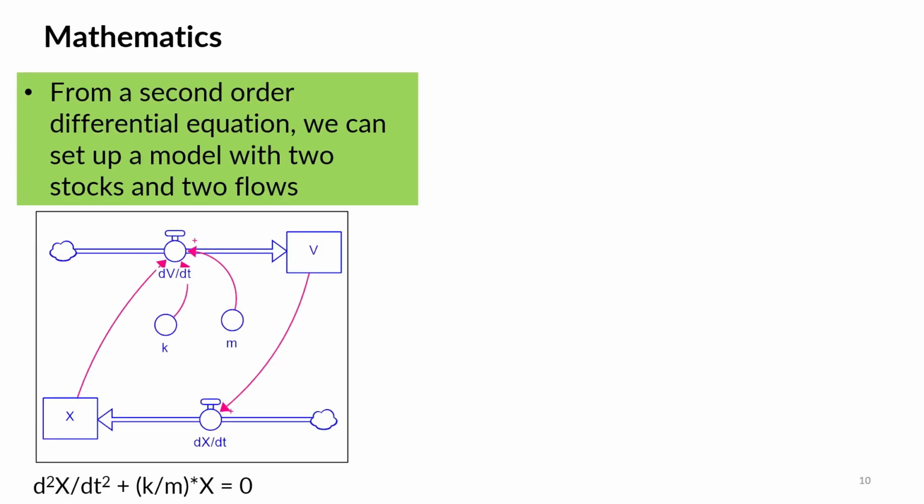With these, I think it is appropriate to talk a little bit about the mathematics. So what we do when we do system dynamics modeling, primarily, is we have a rate, we are integrating it, and we are creating the stock. And you can probably recognize this expression with the second order differential equation.